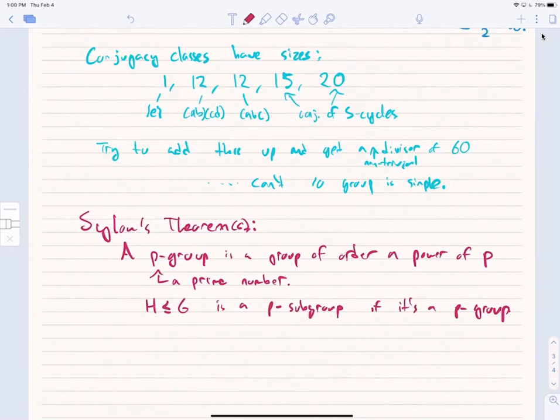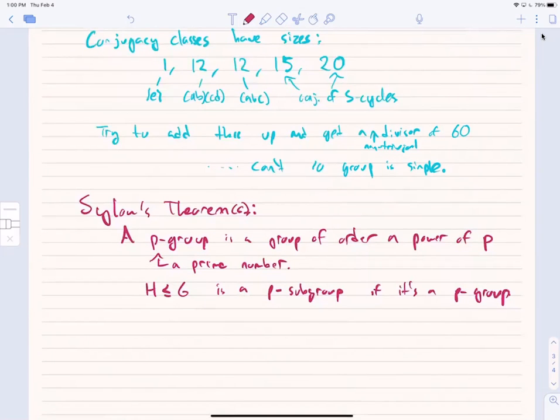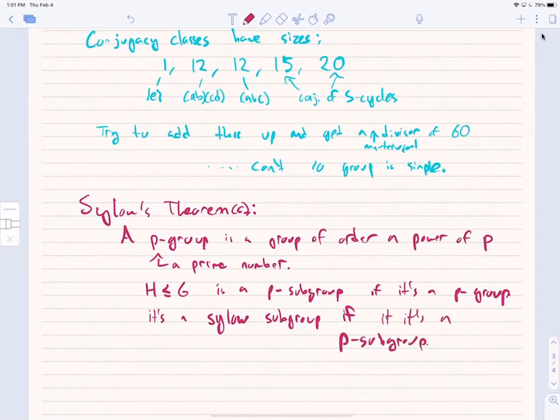And it's a Sylow subgroup if, let me say it this way, if it's a P subgroup, so its order is a power of P, and its order is the largest numerically possible.